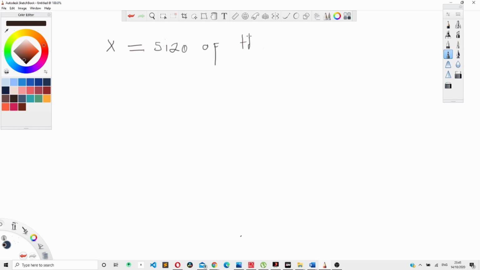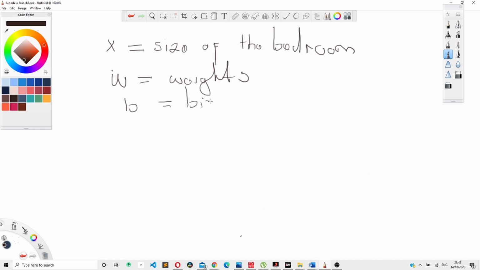In this case, we want to predict the price of the house using the size of the bedroom. And then, as usual, W is our weight, and we also have B, which is the bias, right?